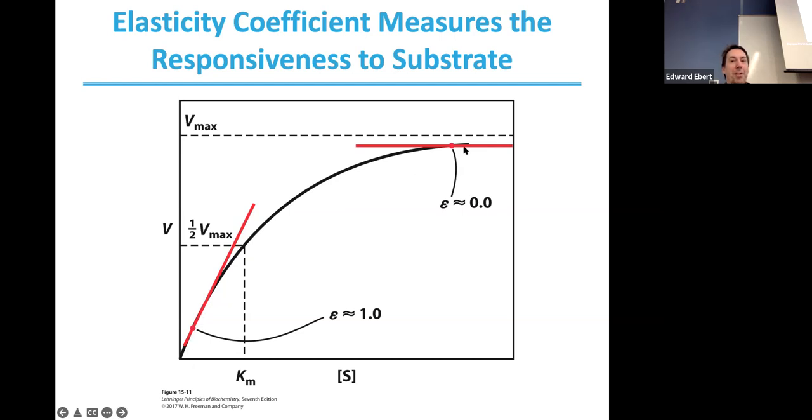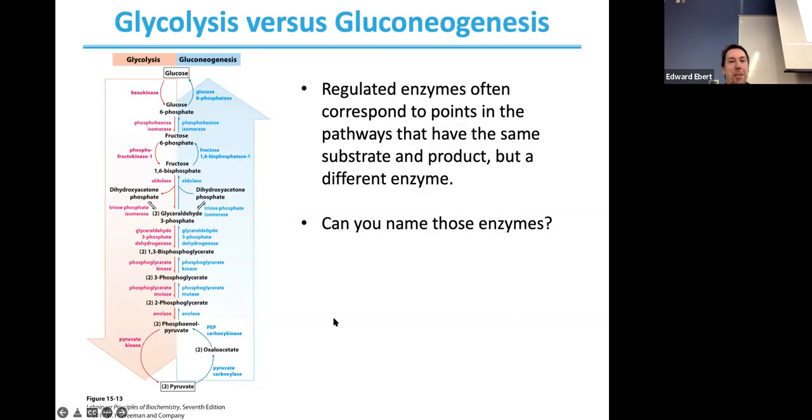Ideally then our elasticity coefficient should be 0, because it's pretty much constantly loaded. But we could take a look at this slope at a low concentration and figure out how rapidly our substrate is binding. And if we regulate that enzyme, we may see a change in that. So that would be how we define our elasticity coefficient.